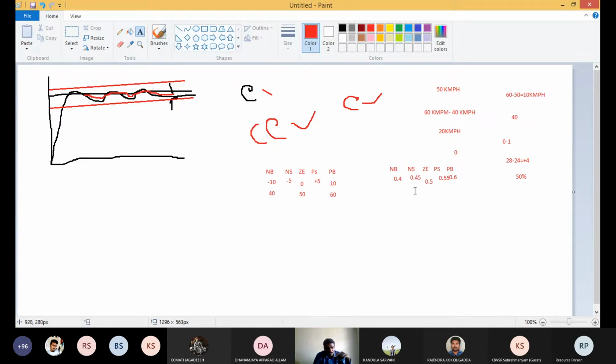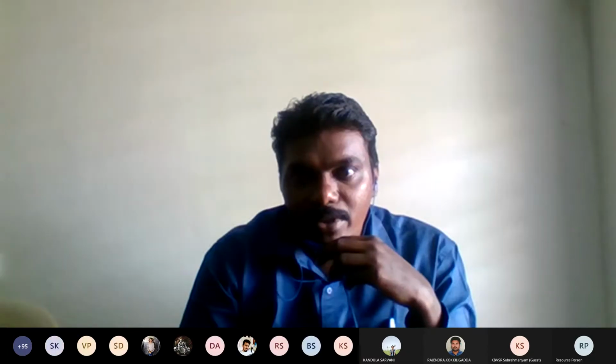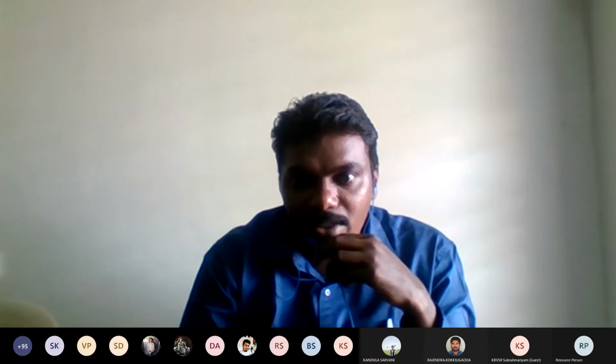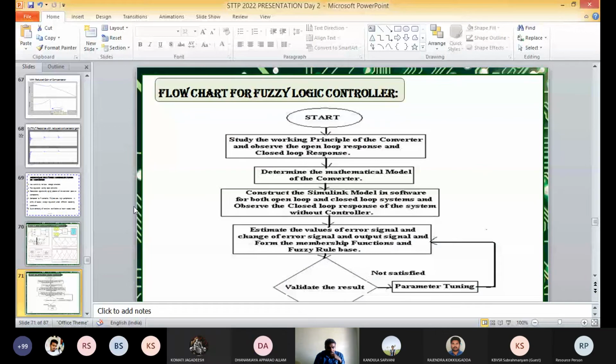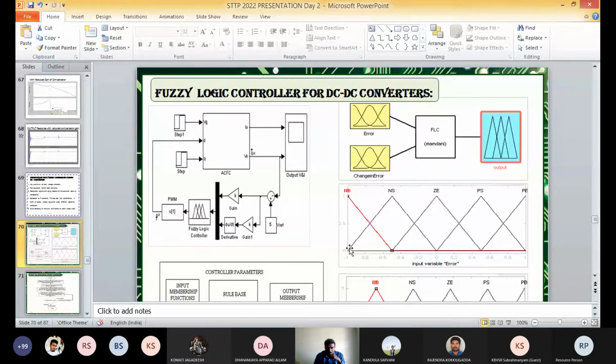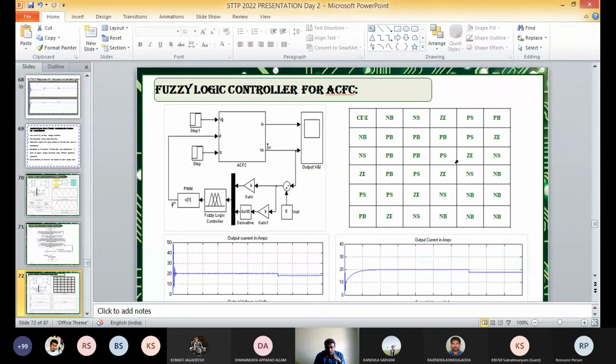So like that we can set the values of the membership functions for the input variables as well as the output variables. Then we need to form one table. I think this table is visible. This is the important table, and we need to form this table.